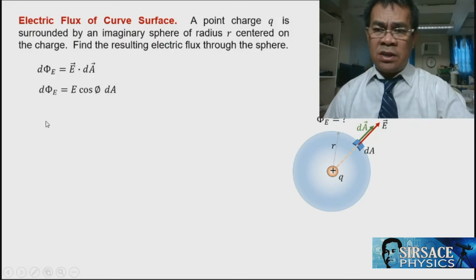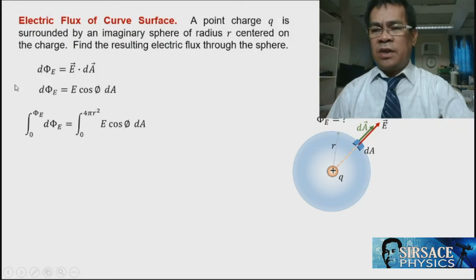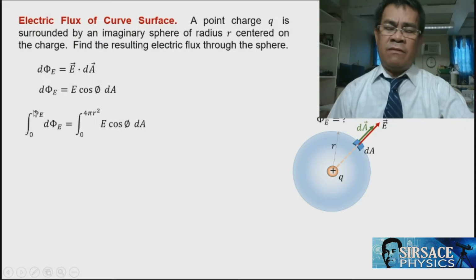Integrating both sides, using the magnitude of E and the magnitude of the vector area, we come up with E cosine of P. Again, this angle is the angle between the electric field and the area normal. Integrating both sides, the limits of the flux range from 0 to the extended value of the flux.